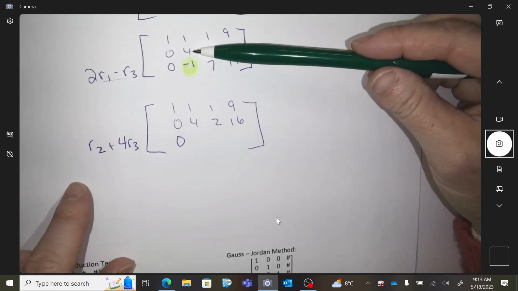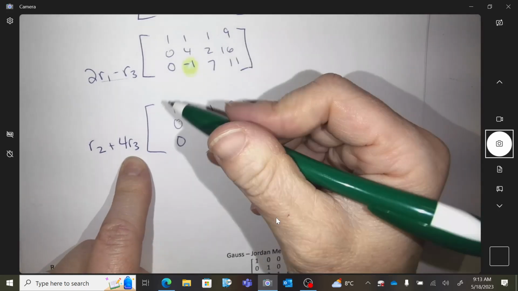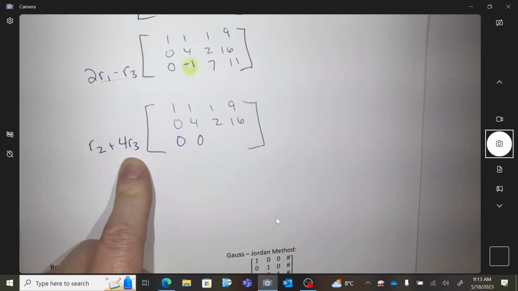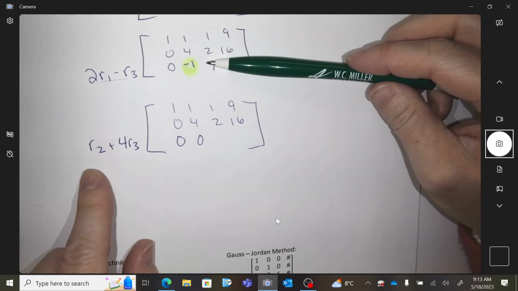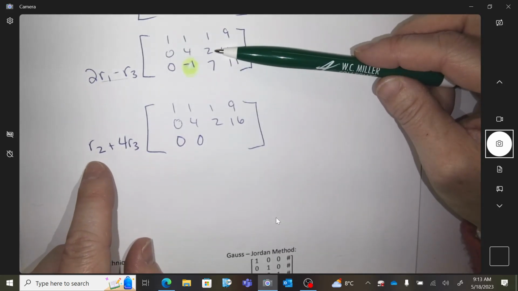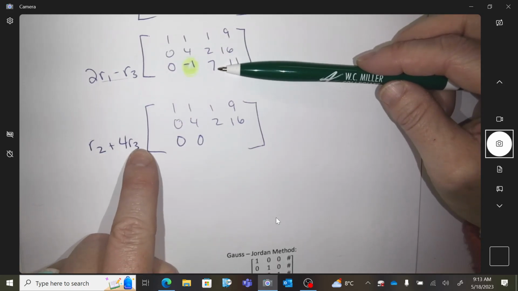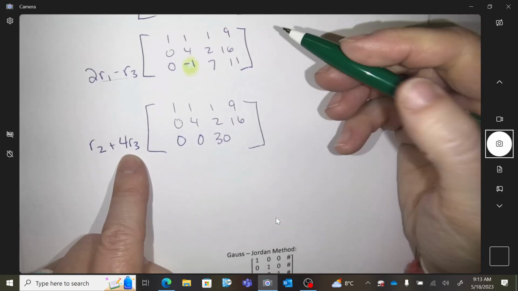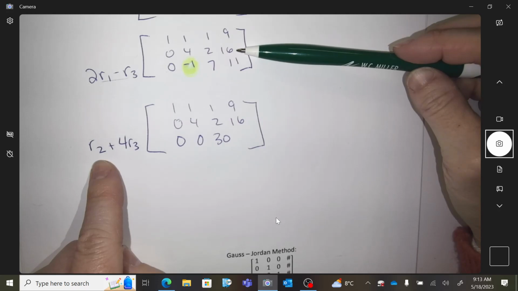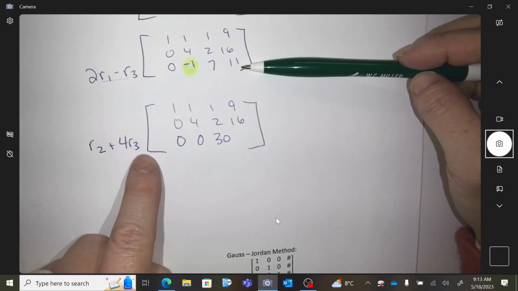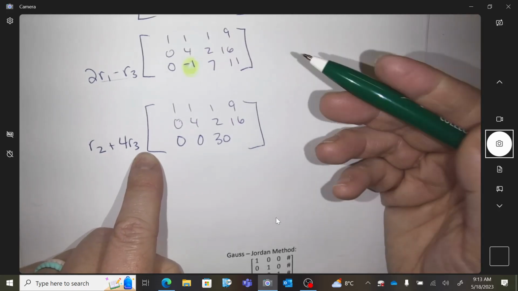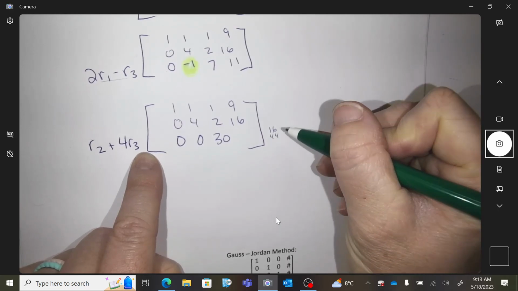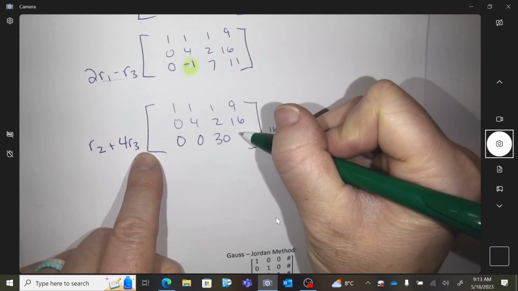Okay, so row 2 plus 4 of that gets me my 0 in the second spot. So this would be 2 plus 28, so I'm at 30. And this would be 16 plus 44. Is that 60?